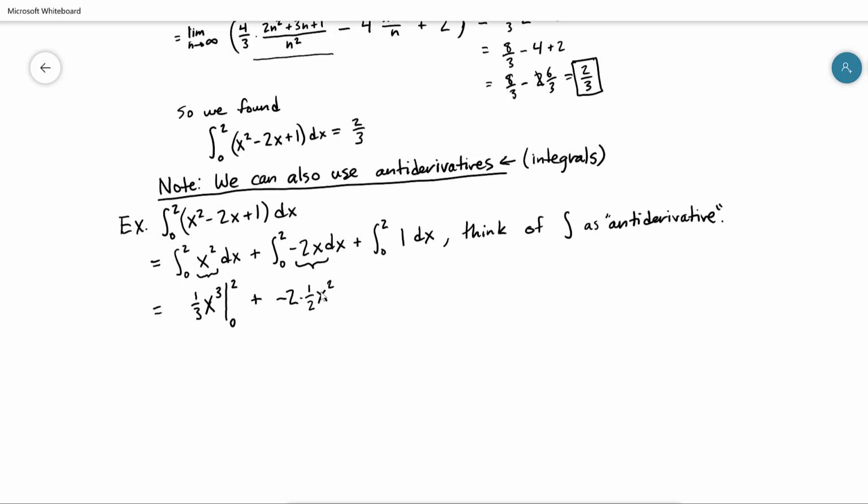We'll be able to cancel that with the negative 2 in just a minute. Again, that thing's going to be evaluated between 0 and 2. And lastly, the 1: what is the function that gives 1 as its derivative? That piece is just going to be x, evaluated between 0 and 2. The derivative of x is 1. So that's what those pieces look like. And lastly, don't forget we have a plus c.